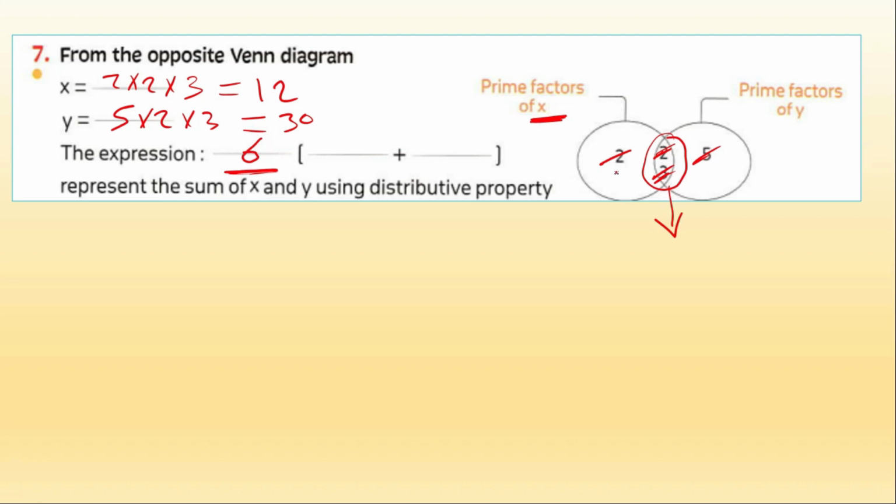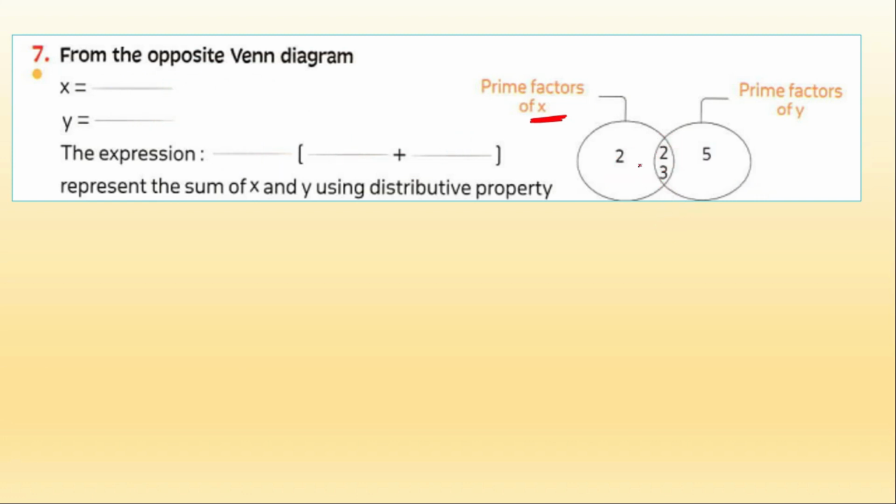The rest number for x will be 2, which is what remains in the oval of x. Also, the rest factors for y, the remaining value in the oval of y, will be 5. So here the rest value in the circle of x is 2 and in the circle of y is 5. So this one was 6, the rest of x is 2 and the rest of y is 5. Okay.